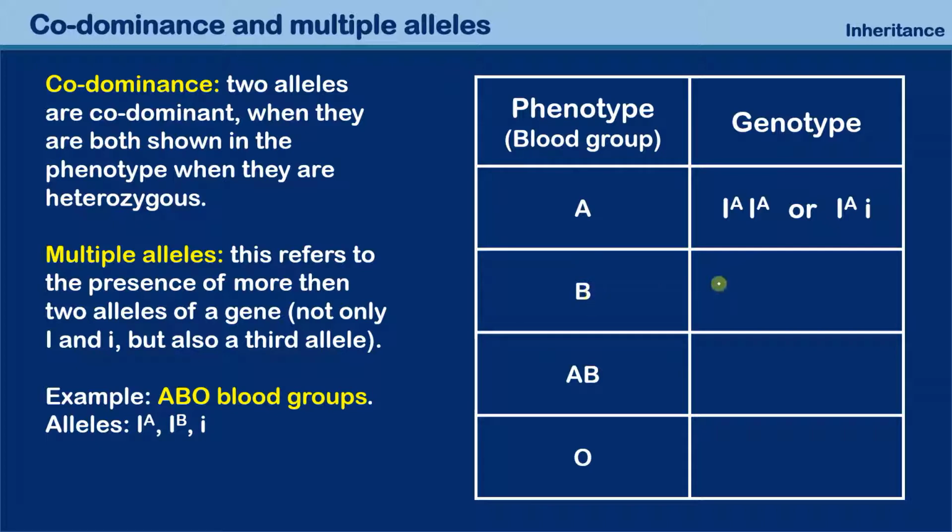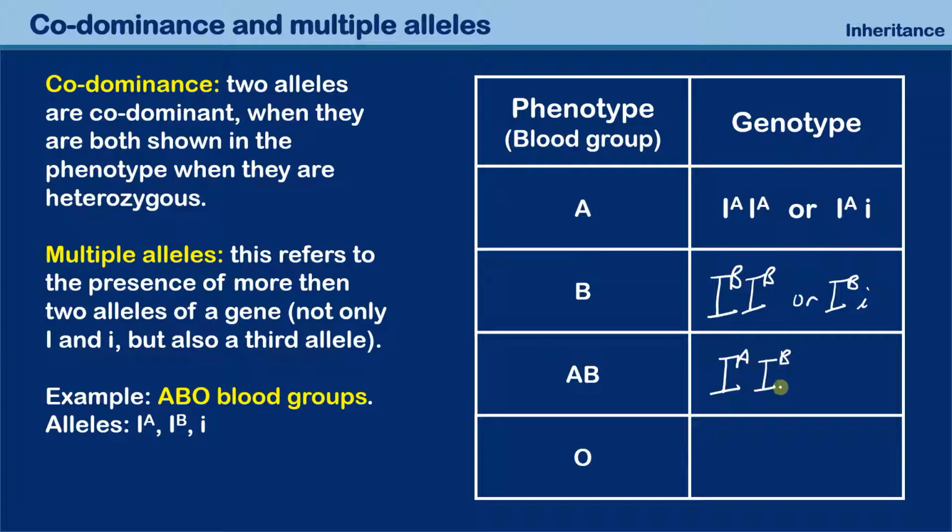So for blood group B, in this case, we have IB IB or IB and lowercase i, just like with blood group A. Blood group AB is IA and IB.